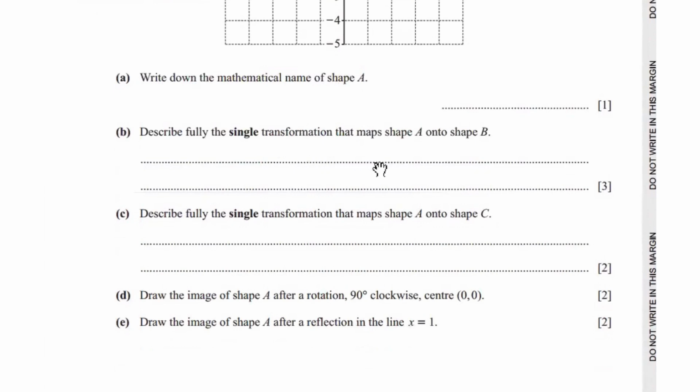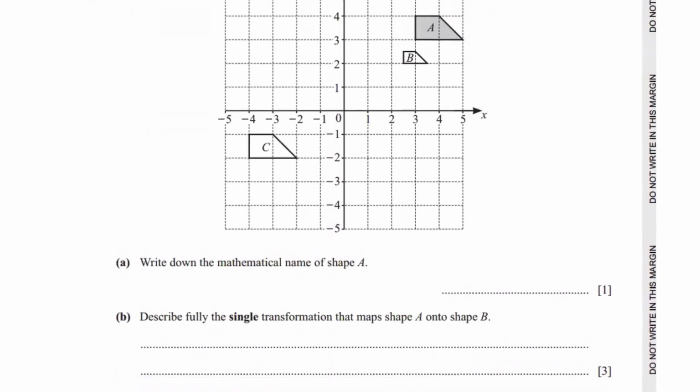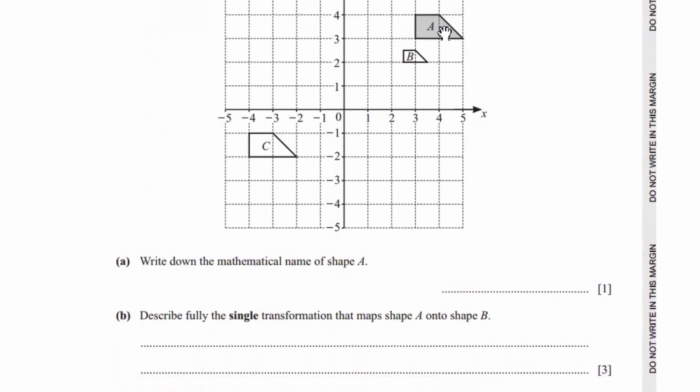Then describe fully the single transformation that maps shape A onto shape B. Shape A onto shape B is the clear case of enlargement. Scale factor, if we compare the length, is 1 over 2. And it's positive because the shapes are on the same side.